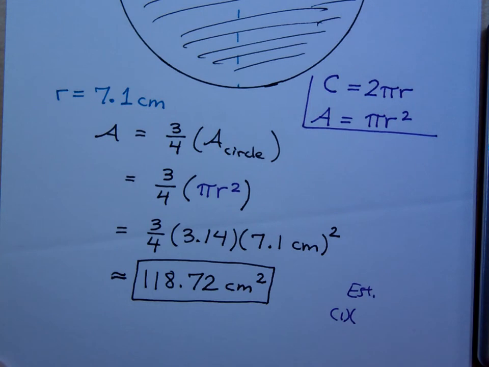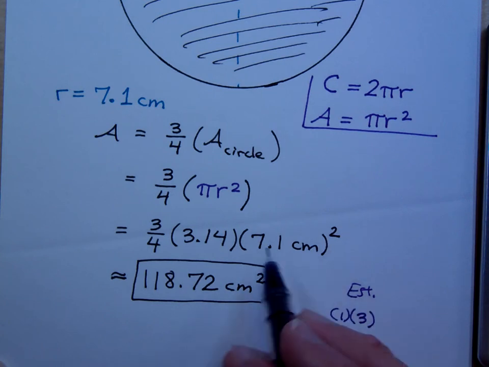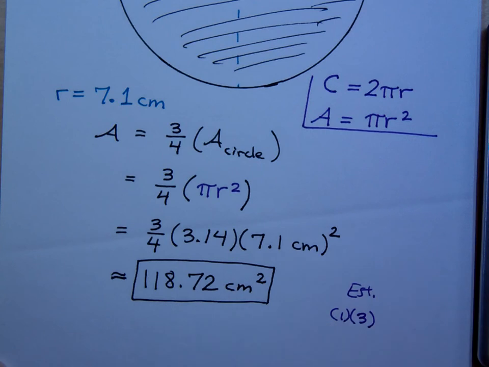You would round to be about what? 3. Then 7.1 squared. What's 7 squared? 49. And I might round 49 to be 50. So when I multiply all this, I end up with 150.